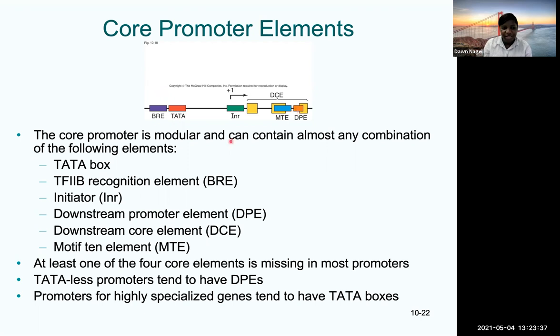You need to have at least 1 of these promoter elements within a gene to be able to direct transcription. Promoters for highly specialized genes, genes that are important in very specific functions, tend to have this TATA box present within the promoter.